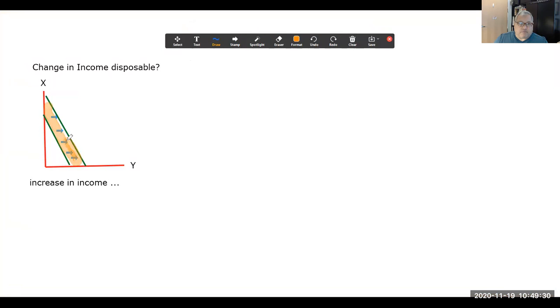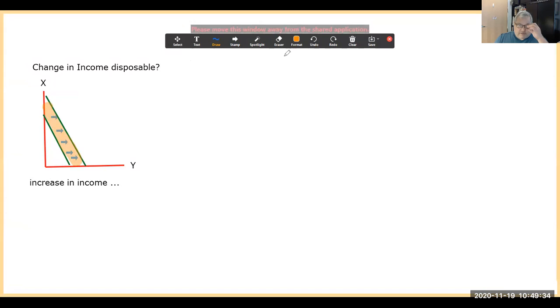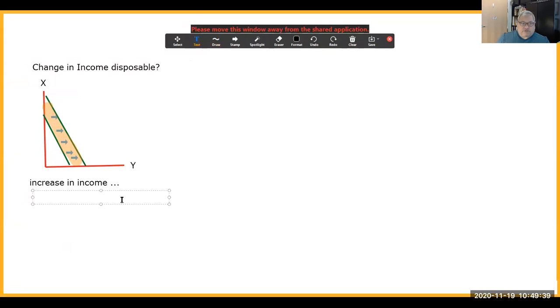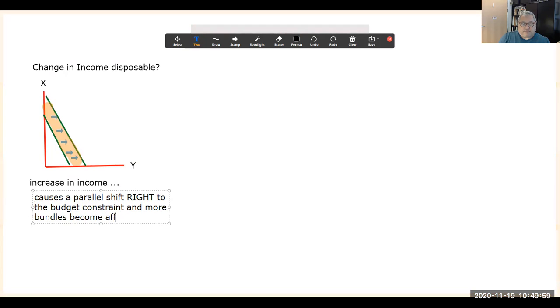So bundles of consumption become available as choices to the consumer. So an increase in income causes a parallel shift right to the budget constraint, and more bundles become affordable.